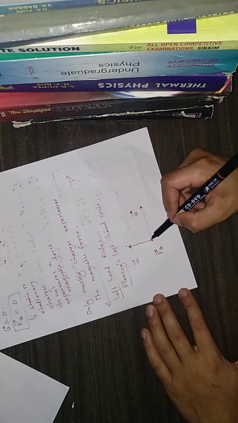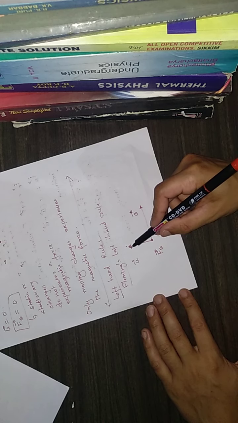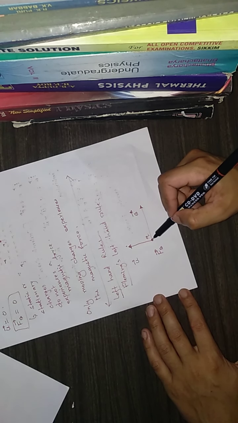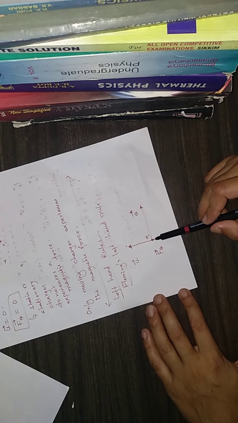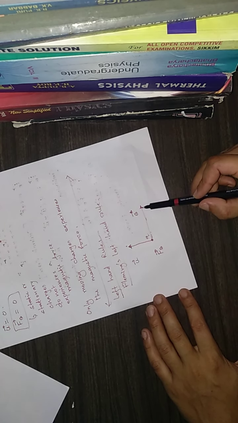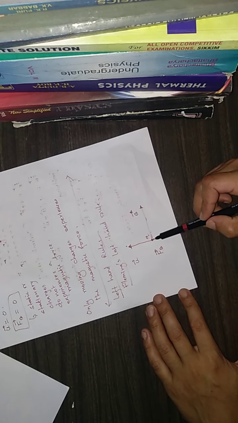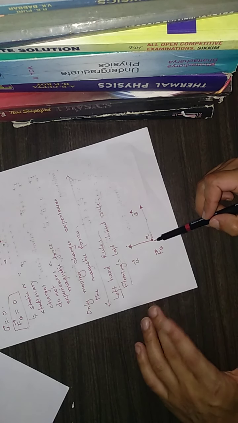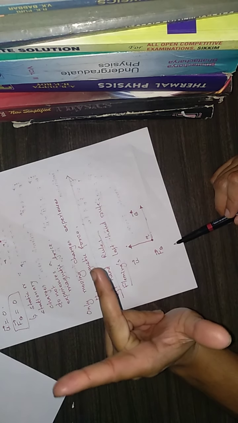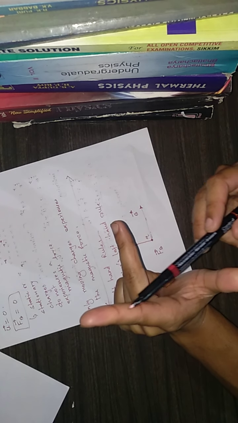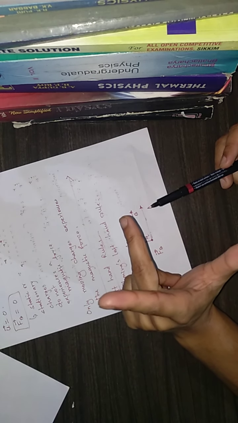That means if a charge is moving towards this y direction, and at that point the magnetic field is along this direction, then that charge will experience some force, that is magnetic force, which will be out of this plane of paper. So it is depicted by this particular rule. This is the magnetic field, this is the velocity of the charges, and this is the force experienced by the charges.